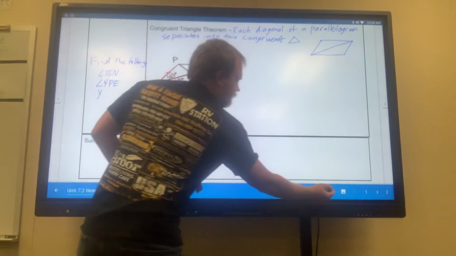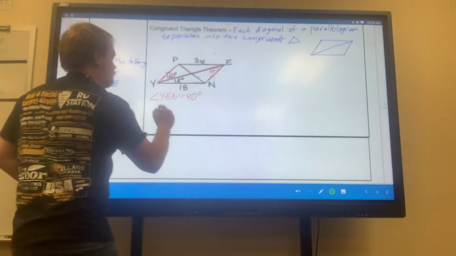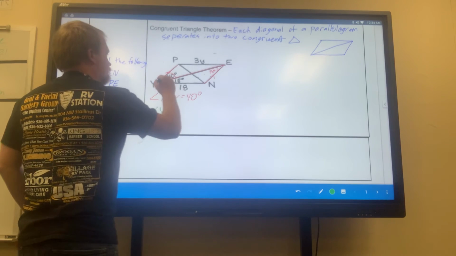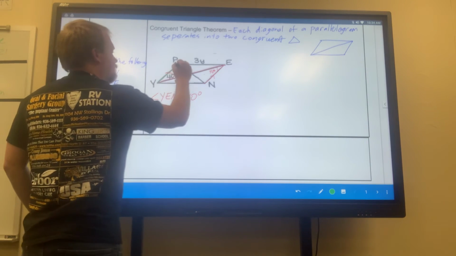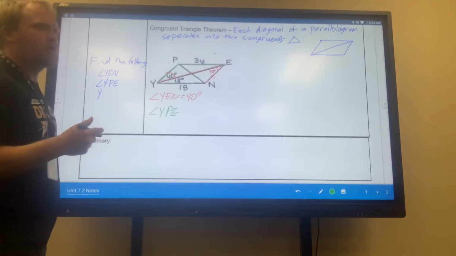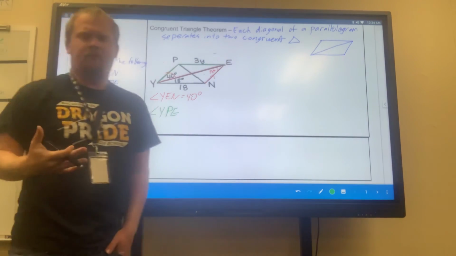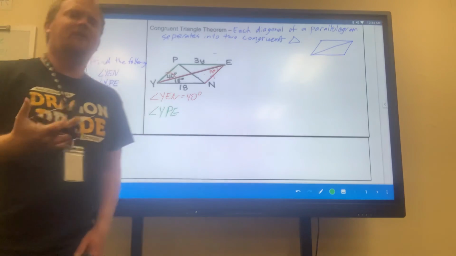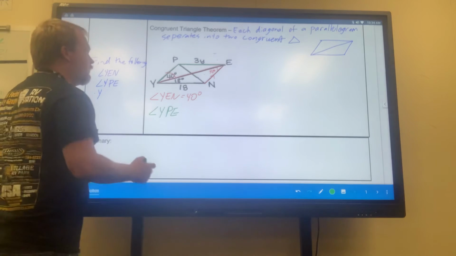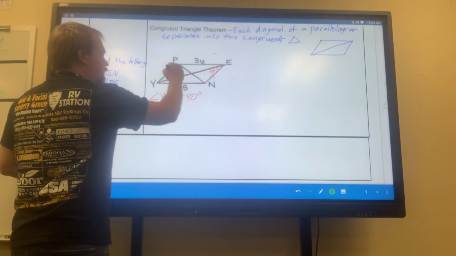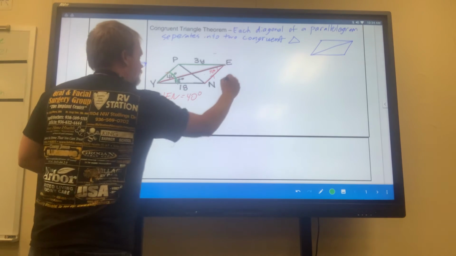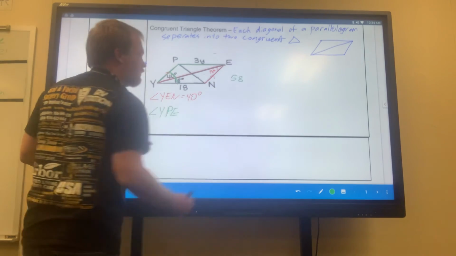Now we want to find YPE. So we want to find this angle right here. Well, remember our consecutive angles theorem? It basically tells us that consecutive angles are supplementary. So if I look at this whole thing right here, 40 plus 18 gives me 58.